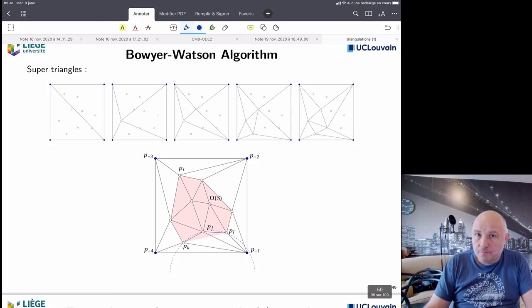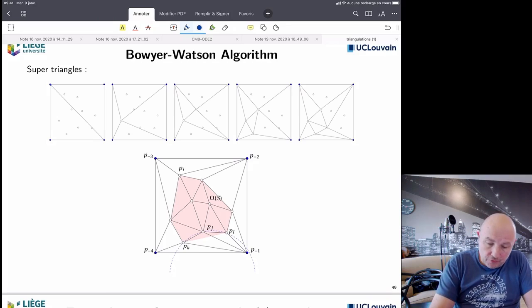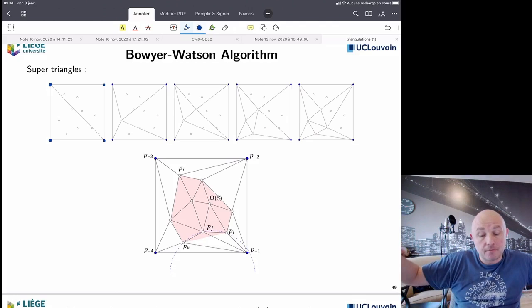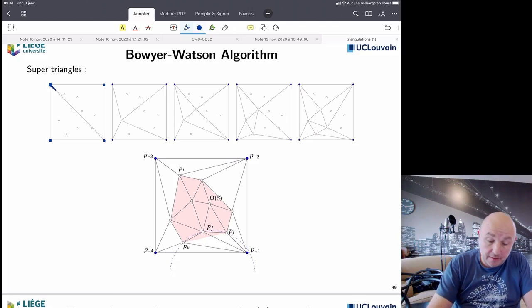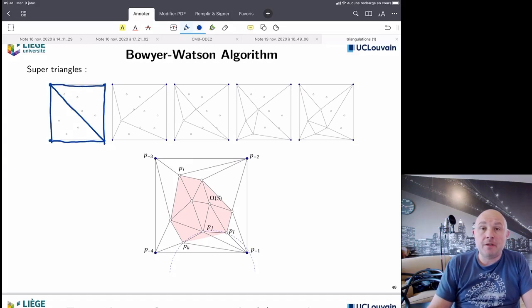So how do we do it in practice? We first compute an axis-oriented bounding box of the set of points, and we extend it a little bit. And we initiate our Delaunay triangulation with two super triangles. Of course, here you would tell me, oh, the points are not in general position.